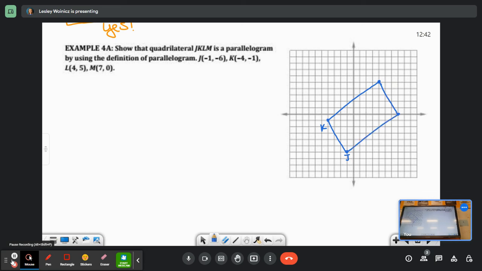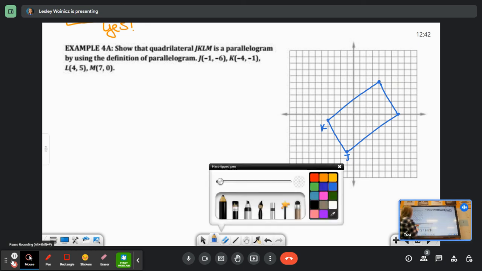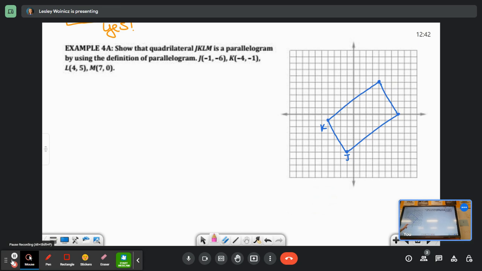Okay, so what is the definition of a parallelogram? Yeah, both pairs of opposite sides are parallel. So how do we say that the sides are parallel? What do we need to know about the sides? You need to find the slope. The slope. Okay, so let's find the slope.